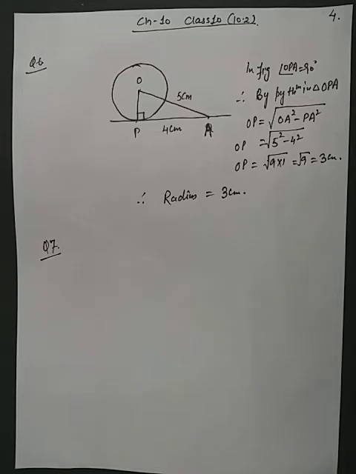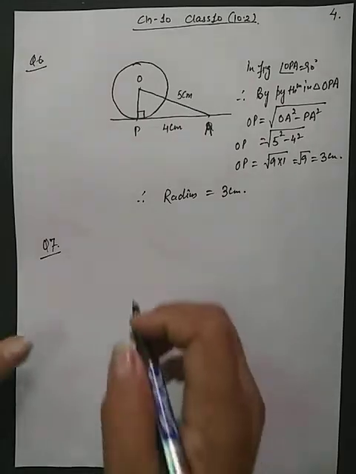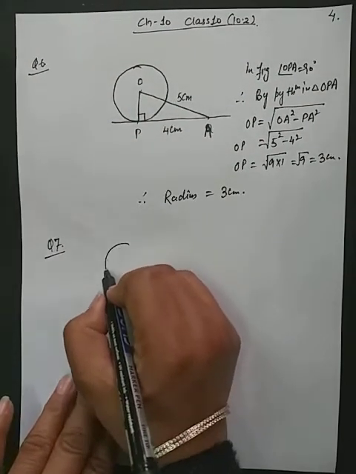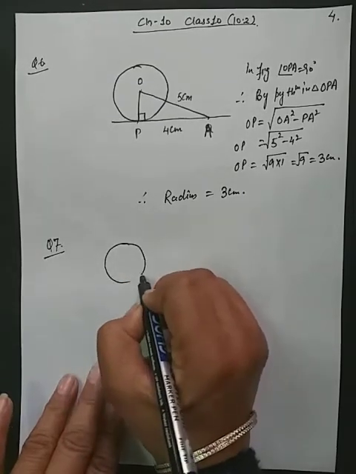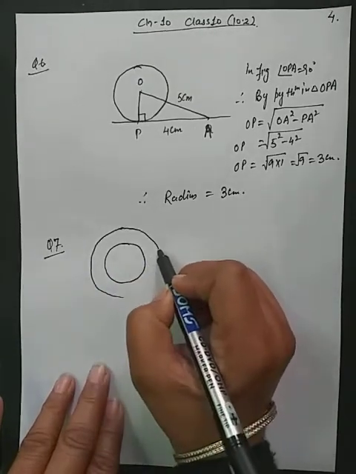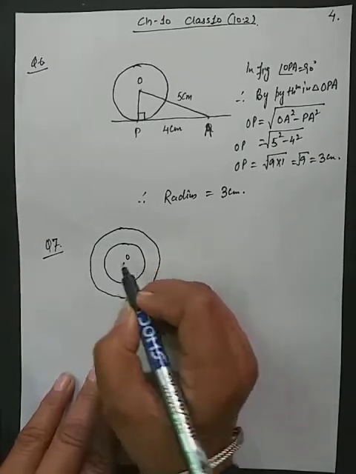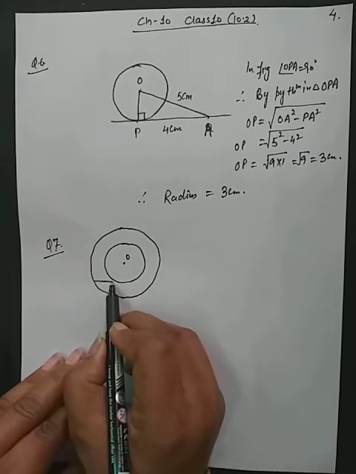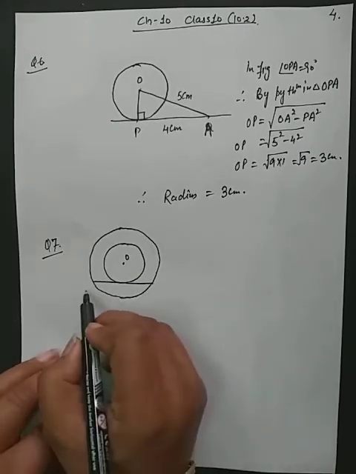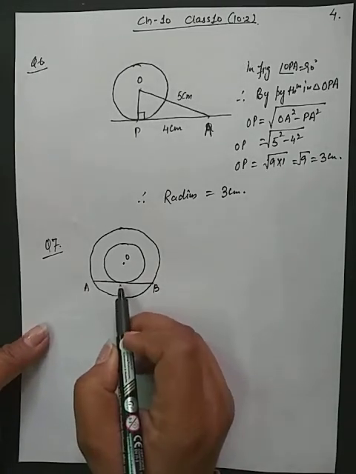Question number 7. Two concentric circles are of radii 5 centimeter and 3 centimeter. Find the length of the chord of the larger circle which touches the smaller circle. Here we are having two concentric circles with radii 3 centimeter and 5 centimeter. Let us assume that O is the center of the circle and this line AB is chord of outer circle but it touches the inner circle.